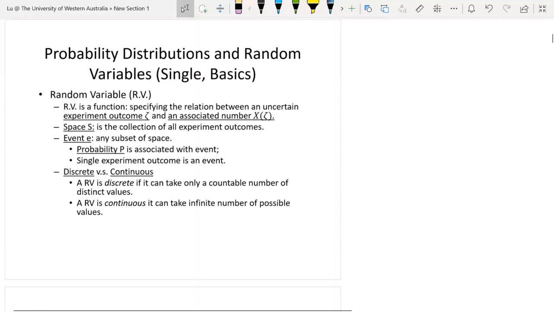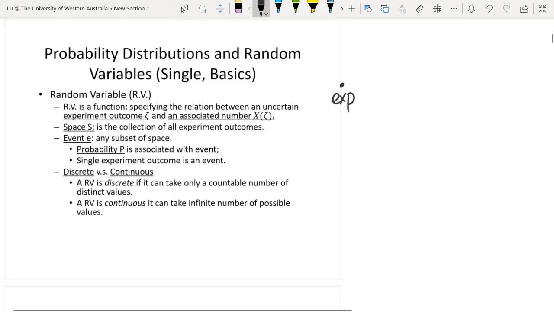One thing is an uncertain experiment outcome zeta, and the other thing is an associated number x(zeta). Now let's put all these components into a graph so we can see the relationship between different components. First of all, we need one experiment.